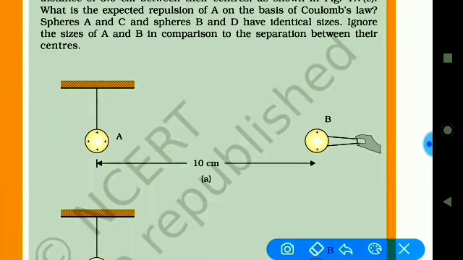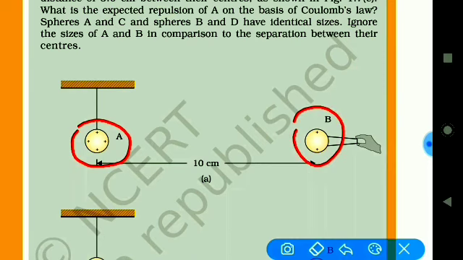Here there are two charged particles QA and QB, which are separated by a distance r, which is 10 cm.